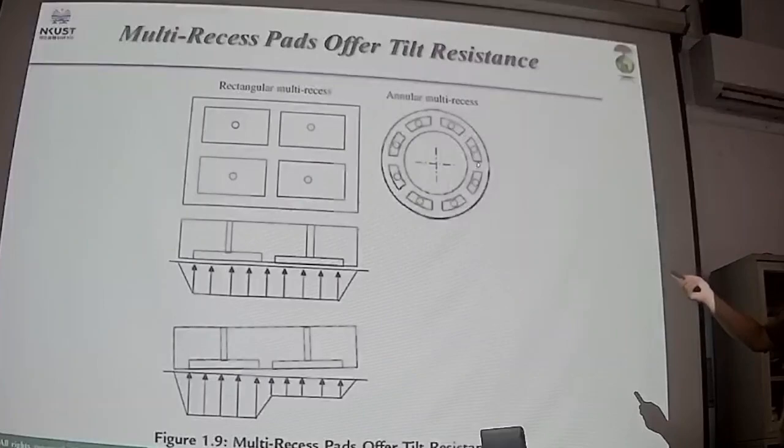So if you have a multi-recess design, you will have a better resistance to the eccentric force for your workpiece. So that's why we said that you can offer a better resistance for the multi-recess.